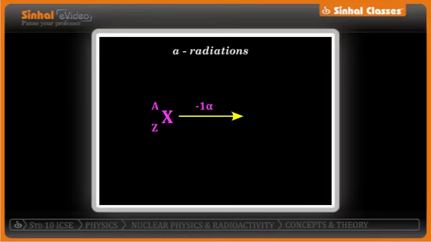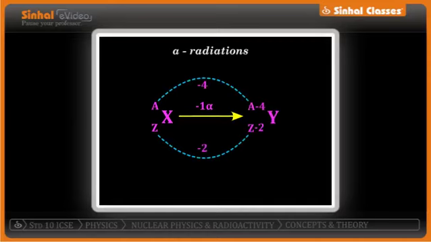The equation here states that the element X having atomic number Z and atomic mass number A, when it liberates an alpha particle, Z reduces by 2, becoming Z minus 2, and A reduces by 4, becoming A minus 4. So we get a new element Y, having atomic number Z minus 2 and atomic mass number A minus 4.